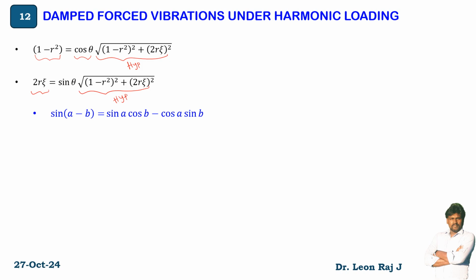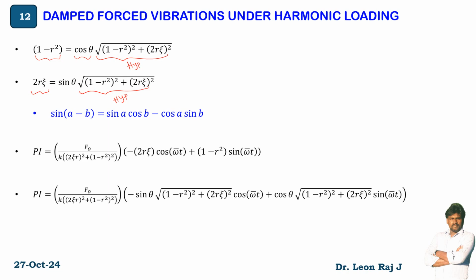So using the trigonometric formula, sin (a minus b) is equal to sin a cos b minus cos a sin b, your particular integral can be rewritten. This term can be substituted with the values we obtained in the previous lines.